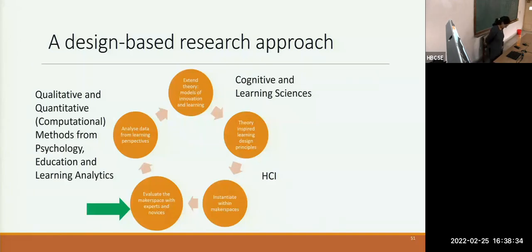So, the enactivist approach, the enactivist philosophy would suggest that both knowledge and skills are based on actions, right?